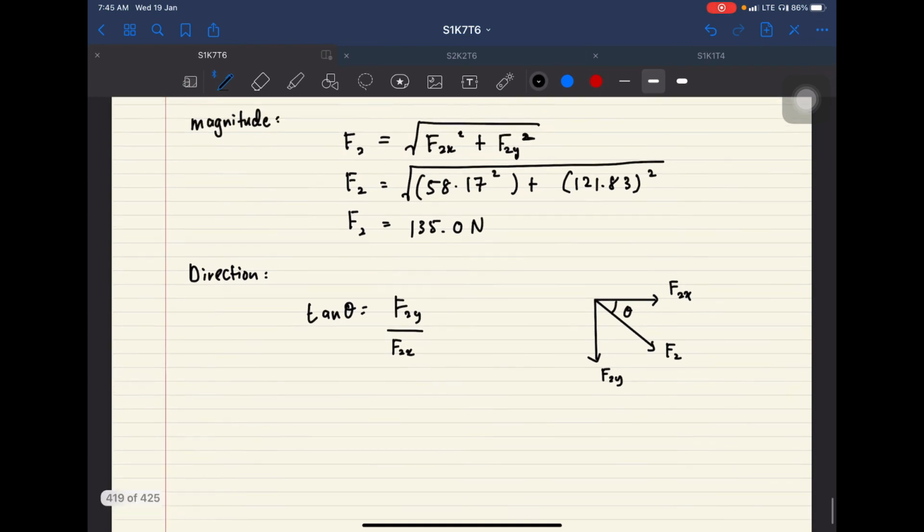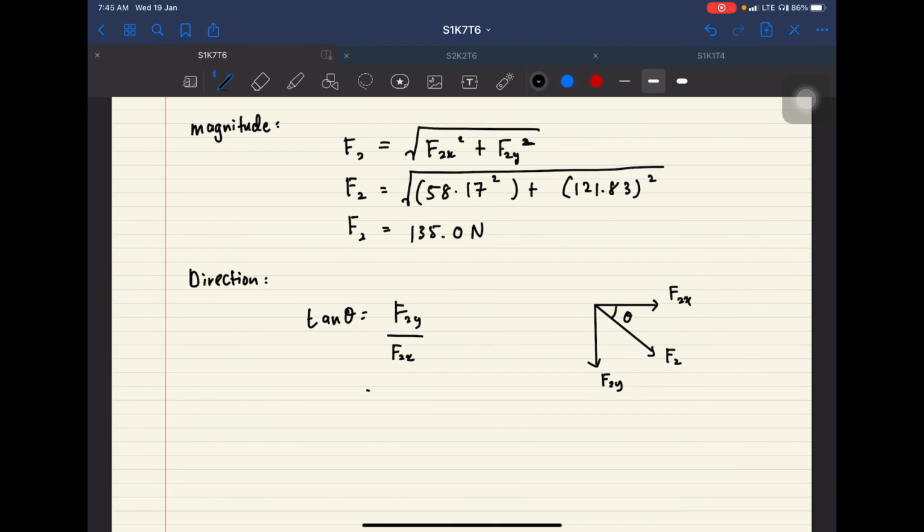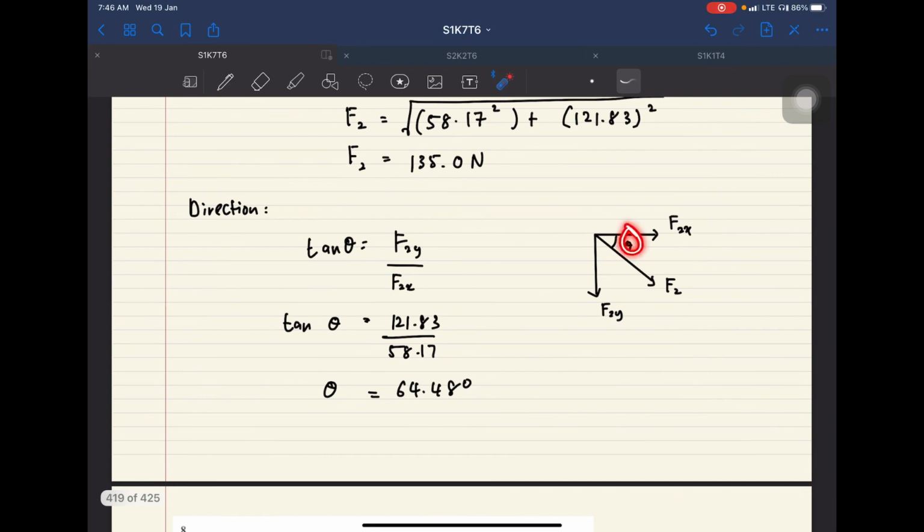Again, you don't have to substitute the negative inside here. 121.83 divided by 58.17, and then take the inverse tangent. Over here it is actually that angle over there, so I can say it is below the positive x-axis.